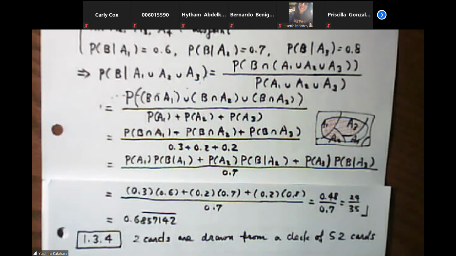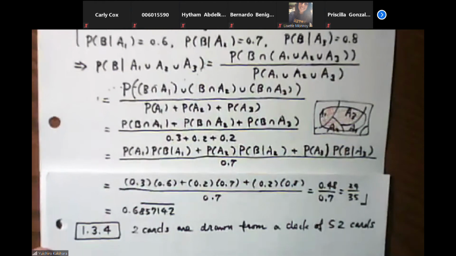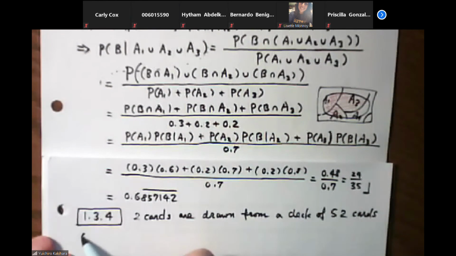Then calculate the probability that two hearts are obtained.